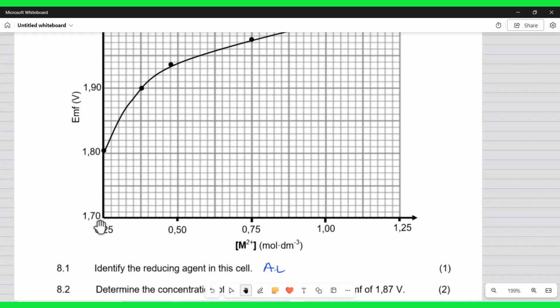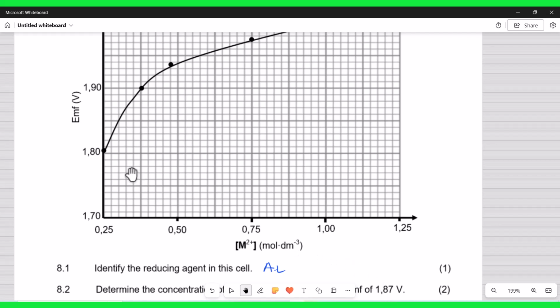This is 1,70, 1,80, and there are 10 small squares here. You can see this is 1,70, 1,71, 72, 75, 78, up to 1,80, which means each one is 0,001.